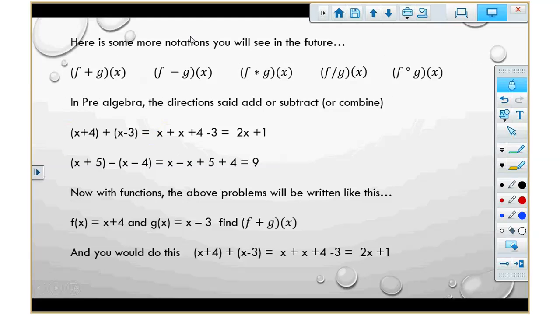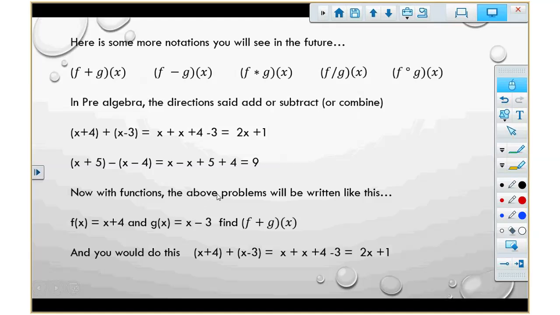Now here are the ways that you're going to see it written. The way that you wrote, combine the polynomials. That's what you used to see in pre-algebra. Now you're going to see f plus g of x, f minus g of x. I'm serious. There's no difference. In pre-algebra, the direction said add or subtract.